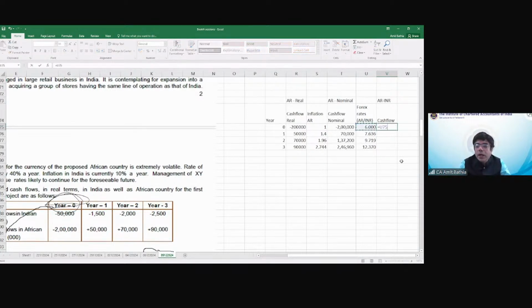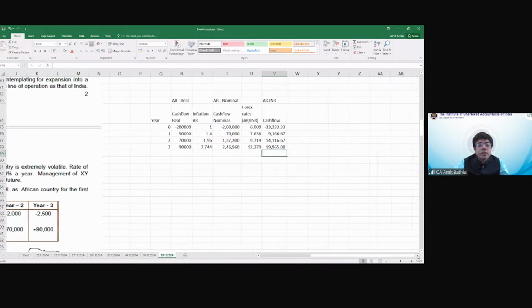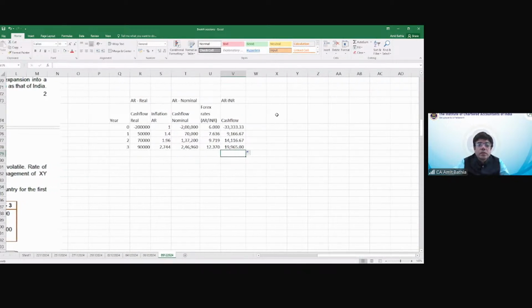So it is going to be divide. So 2 lakhs divided by 6, and I'll get the same thing over here. This is my African cash flow, which is now being converted into INR cash flow.